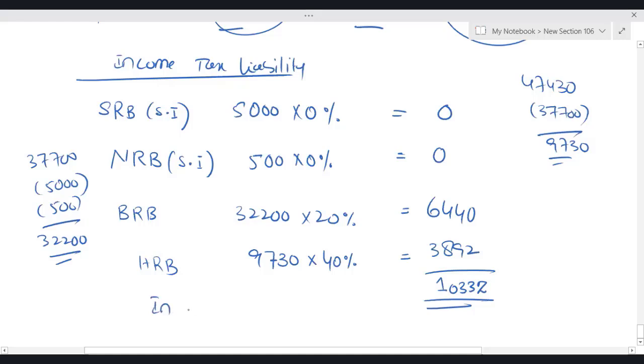Income tax liability is 10,332. So income tax liability is simply 10,000 and 332. Okay.